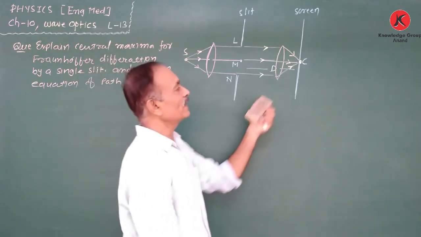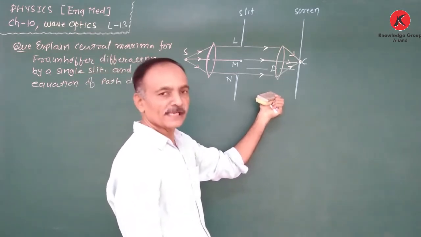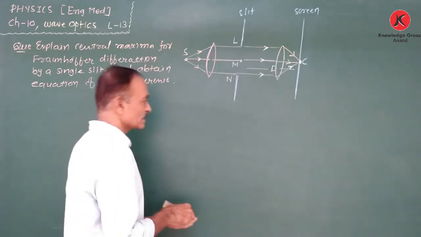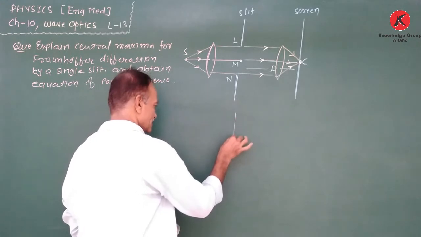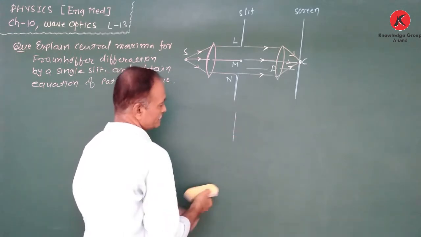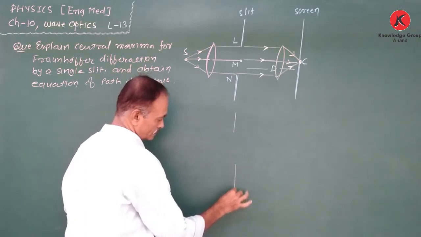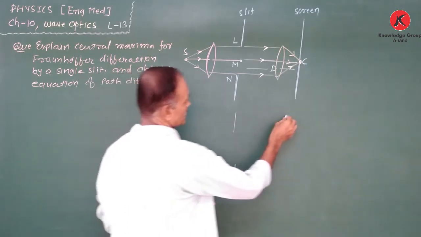Now, which type of fringes are obtained in Fraunhofer diffraction? For that purpose, here is another figure. There is the slit and there is the screen.